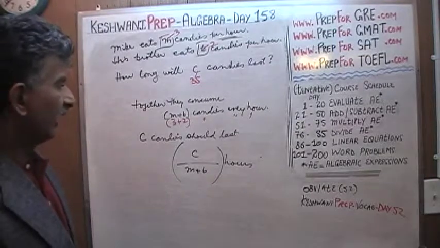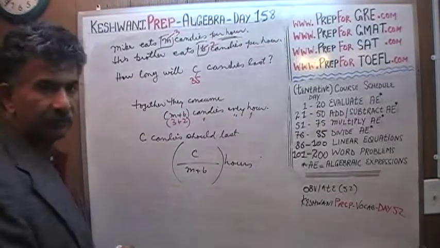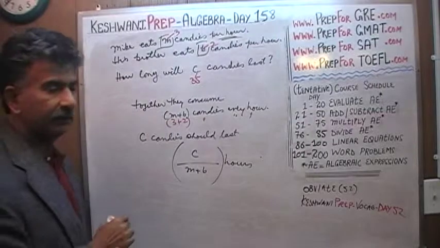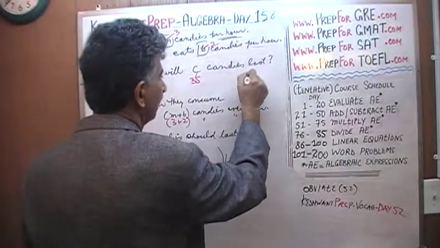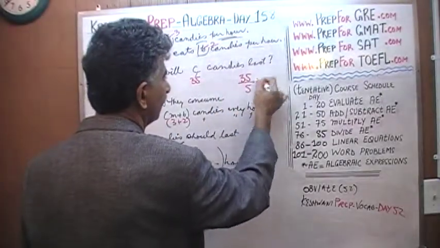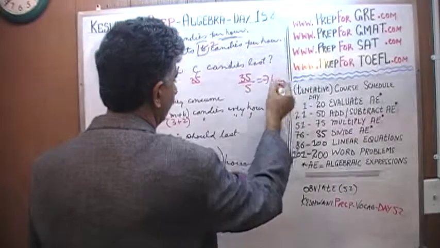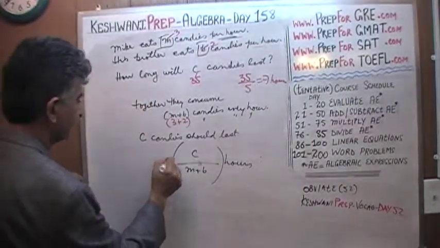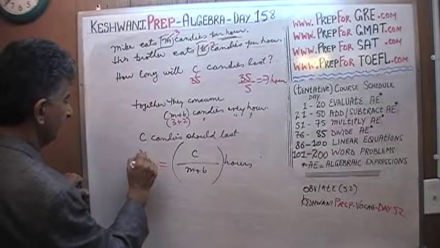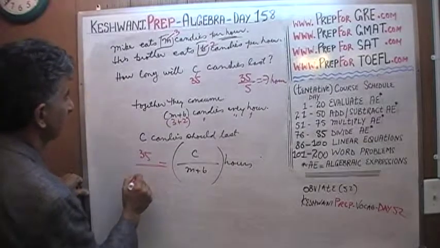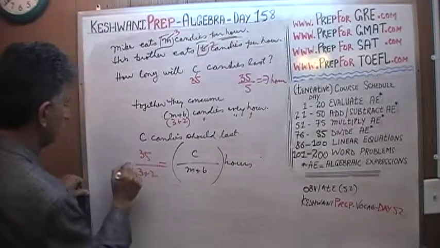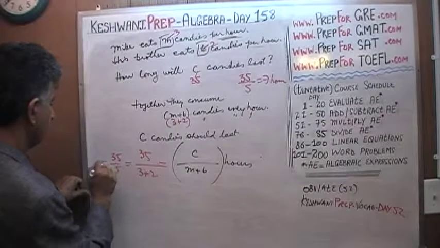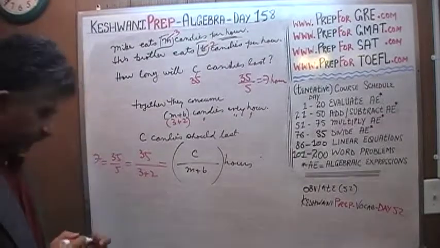Well, if they're consuming 5 candies every hour, 35 candies should last 7 hours. How do we find it? By dividing 35 by 5, which is 7 hours. This better give us 7 hours. C is 35 divided by M plus B, which is of course 3 plus 2, which is 35 over 5, which is your 7. That's all.